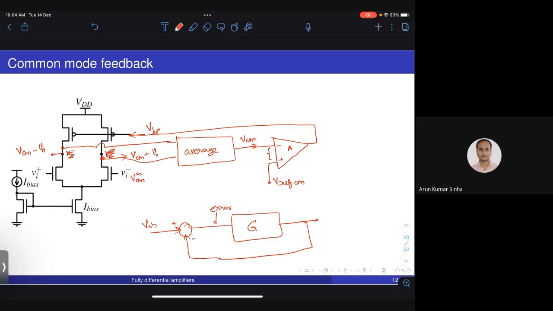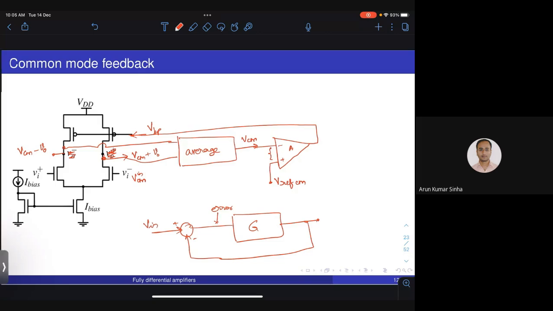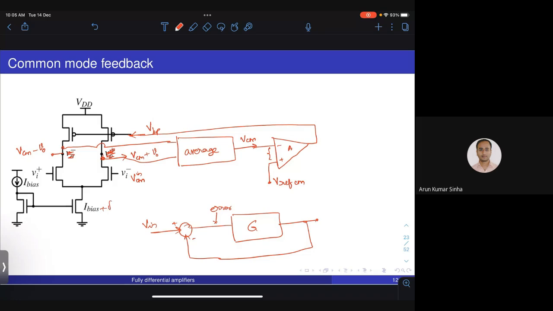So let us analyze whether that happens and ensure that the signs I put in are correct. Let us say there is a mismatch now. Let us say the tail current is more by some delta, and the current source has a value of I bias by 2. What will happen if the tail current is more? The detected output common mode VCM will decrease.